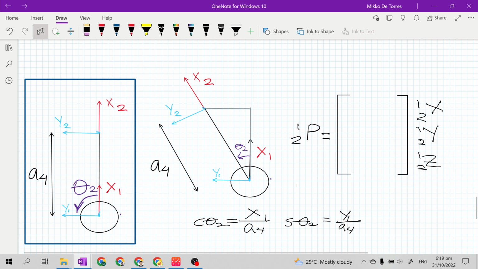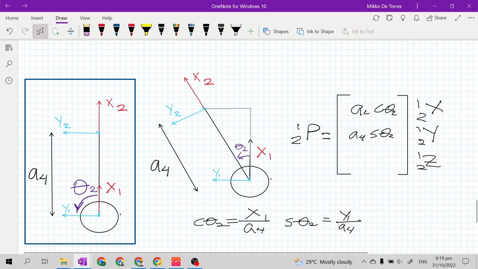So x sub 1 is equal to a4 cosine theta 2. Next, y sub 1 is equal to a4 sine theta 2. Therefore, y12 is a4 sine theta 2.